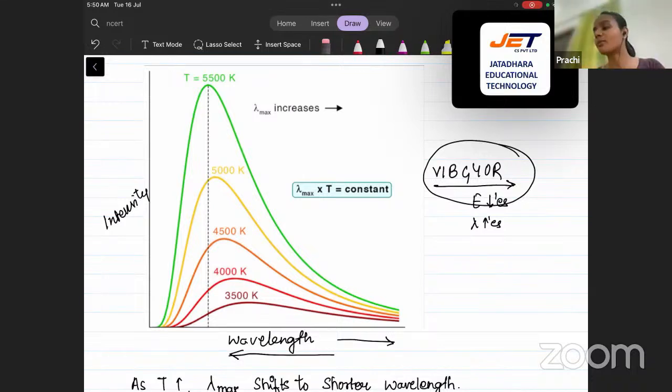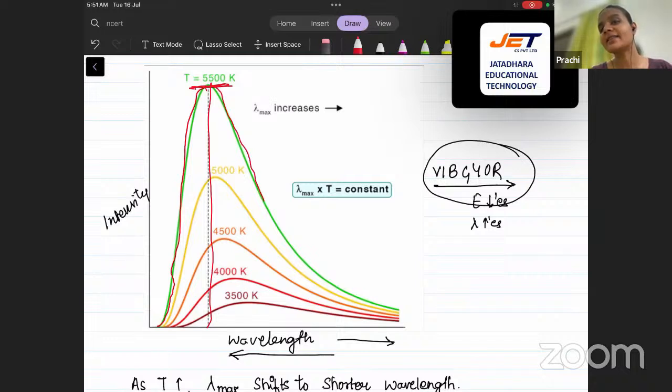So this is what they observed: when they started heating the object, initially there was an increase in intensity. Then the intensity reaches a maximum for a particular wavelength, and as they keep heating it, the intensity decreases.